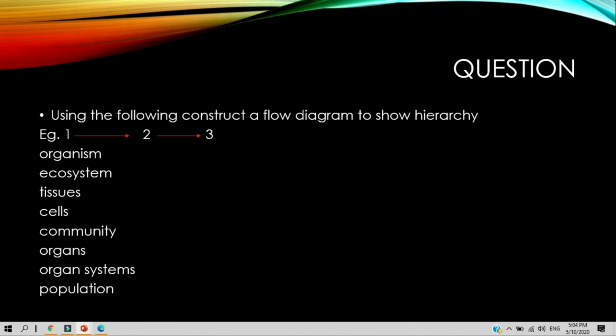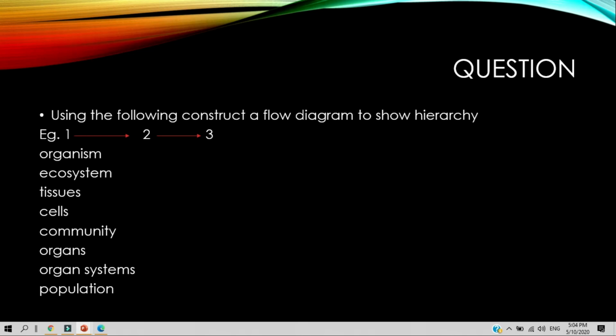Now, this is another very interesting question. We want you to use the following to construct a flow diagram to show hierarchy. Here we have organisms, ecosystem, tissue, cells, community, that type of thing. So we want a flow diagram that is going to put these things in order.